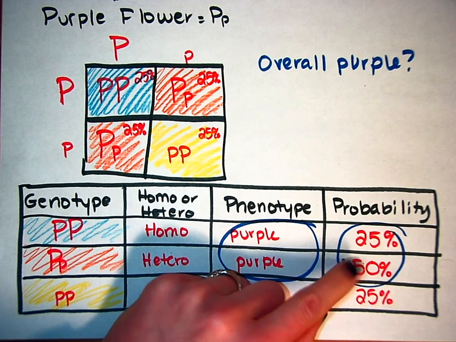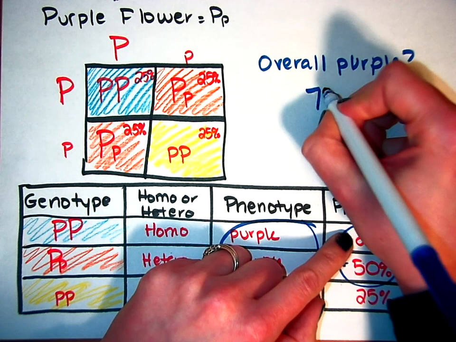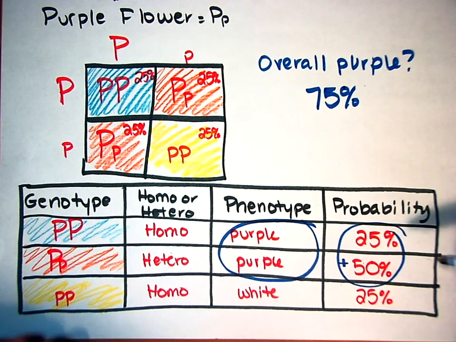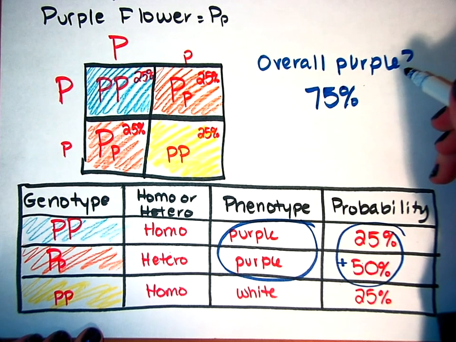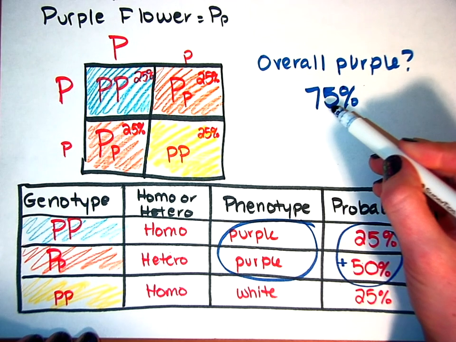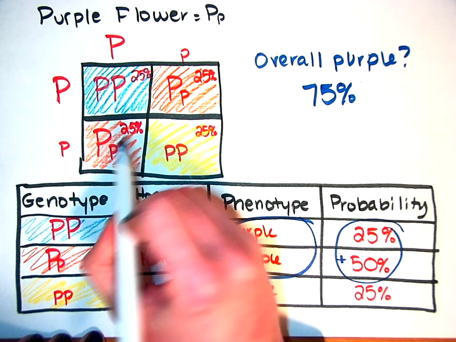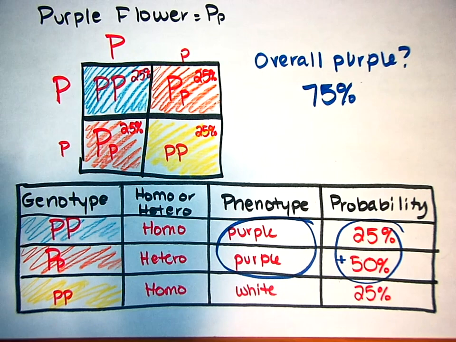Overall, 50 plus 25 is 75%. So these are the chances of getting these genotypes. If I'm asked about the purple phenotype, the chance is actually 75% because all three of these potential offspring would have purple flowers. This is where percentages come from.